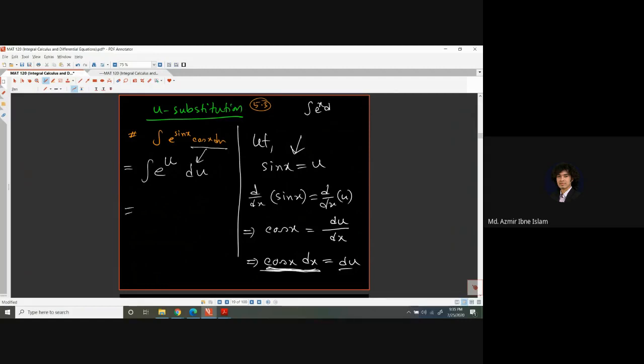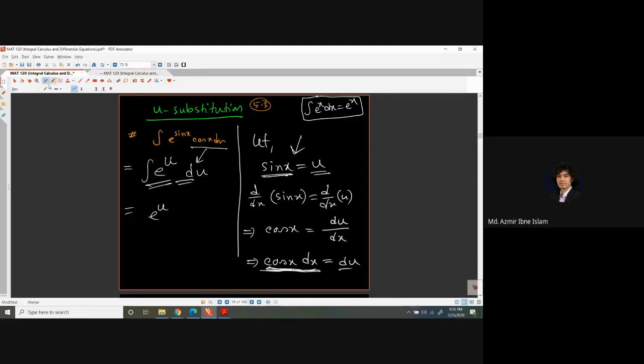Now we can think about the formulas. Integration of e to the power x dx is equal to e to the power x. We know this basic formula. Integration of e to the power u du is nothing but e to the power u. We have found the antiderivative. So we understand that the function we considered here as u is correct, the suitable function.